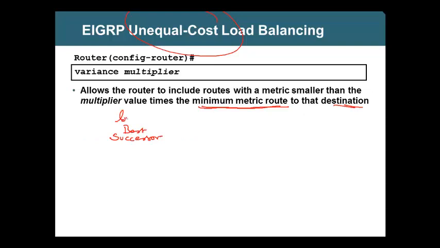The lowest metric path. Let's say the lowest metric path, we'll name it path 1. For a destination it is 400.